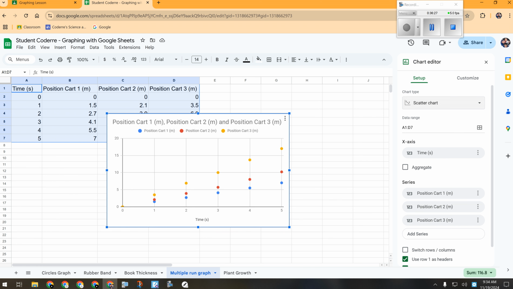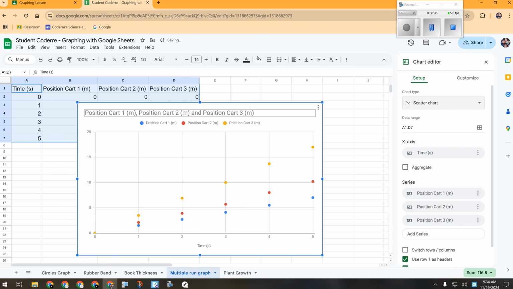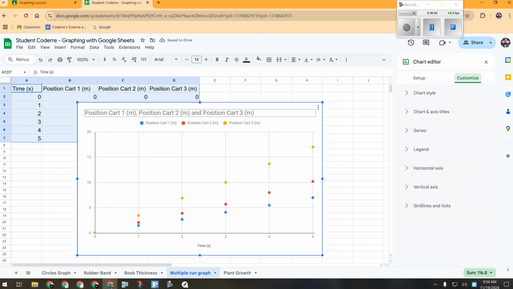One of them has yellow dots, one has red, one has blue. So I've got that. I'm going to make that a little bit bigger so it's easier to see. What should I put on here next? How about, I'm going to put a trend line on for each cart, but before that, how about a better title?